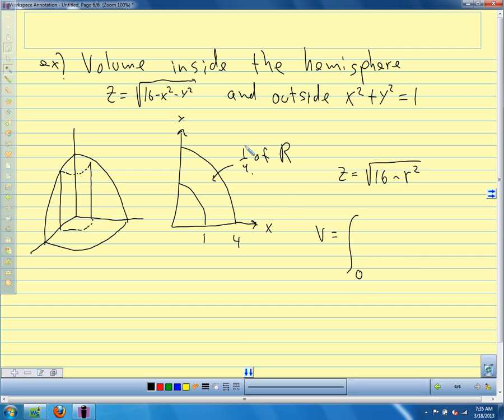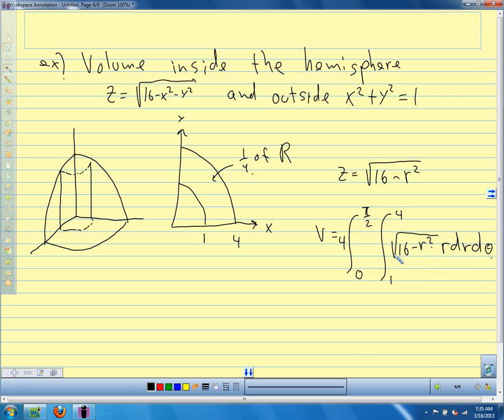And it's a symmetrical situation, so I'm going to do just this first quarter and multiply by 4. 4 times the integral 0 to pi over 2, r varies from 1 to 4 of square root of 16 minus r squared r dr d theta.